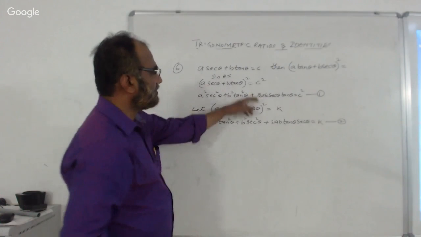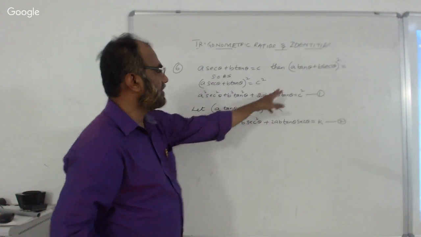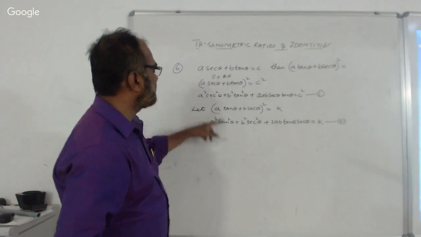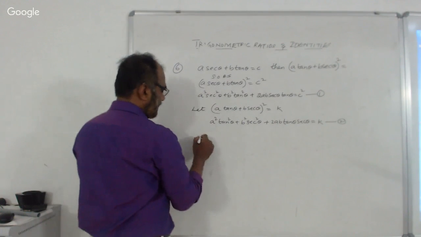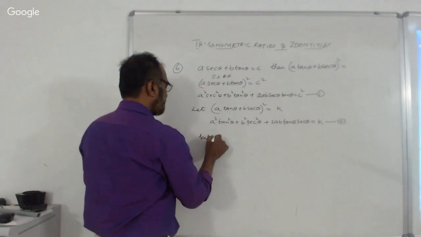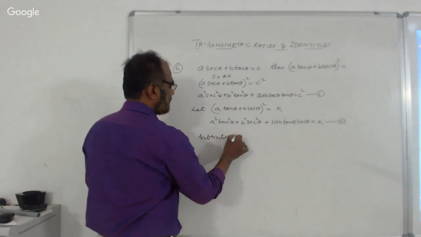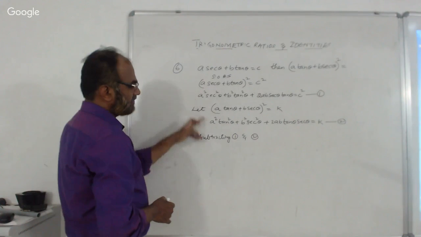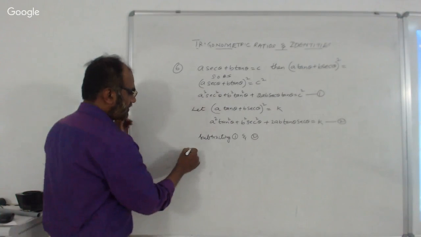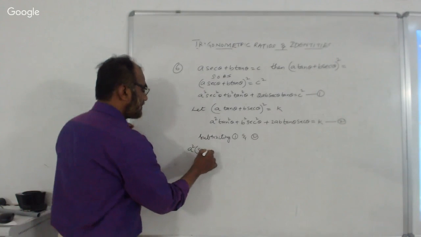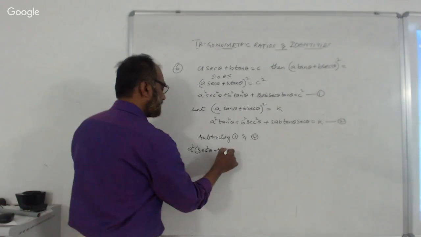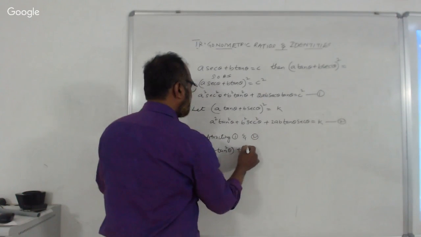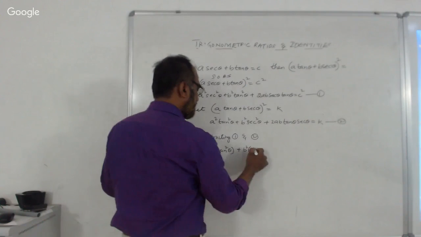Now, if I subtract these two, 1 and 2, the 2AB secant tan will cancel. A square is common, so A square into secant square theta minus tan square theta. Next, B square is common, tan square theta minus secant square theta.